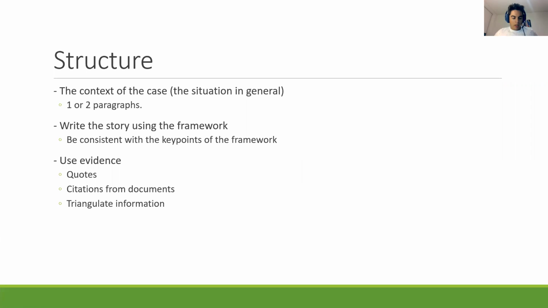So I want to tell you something about the structure of the case study, because the case study is a story, but it's a structured and theoretical story. If you tell me the story about what you did with a company or what happened with a company, but without a theoretical explanation, without theory, it doesn't make any sense.